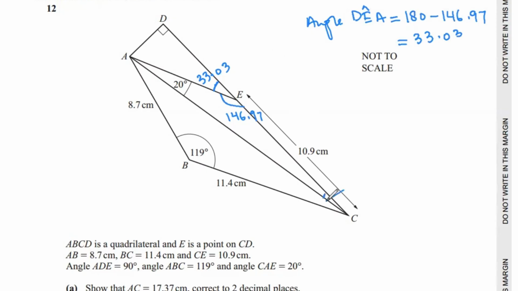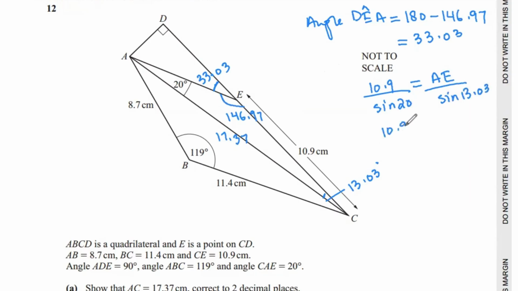We just found this angle, that's 13.03. So using sine rule, this was 17.37. So we can find this third length. So that's going to be 10.9 over sine of 20 equals AE over sine of 13.03.